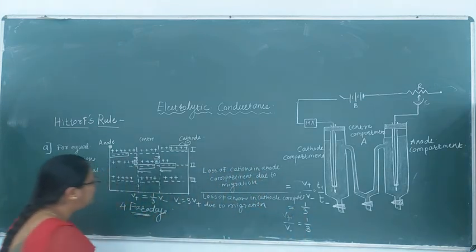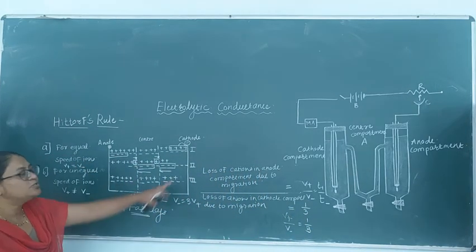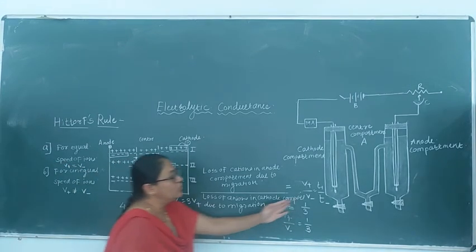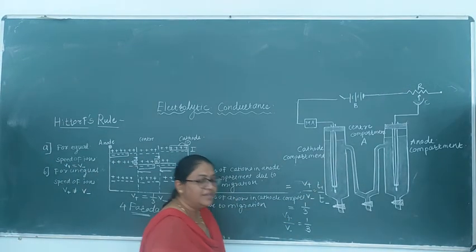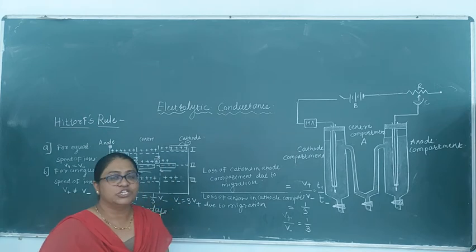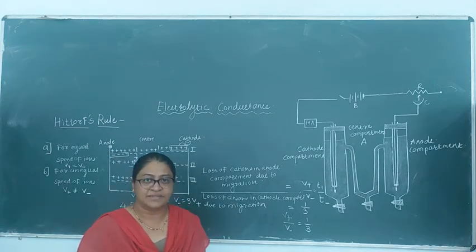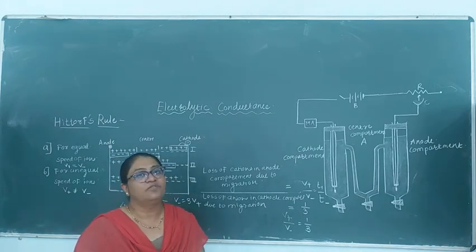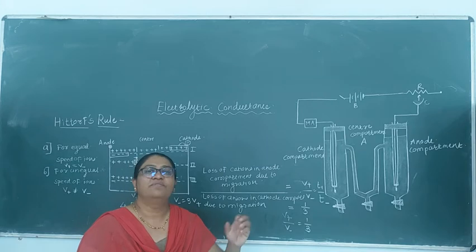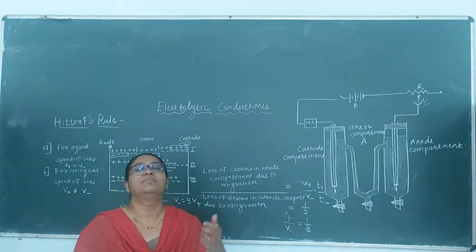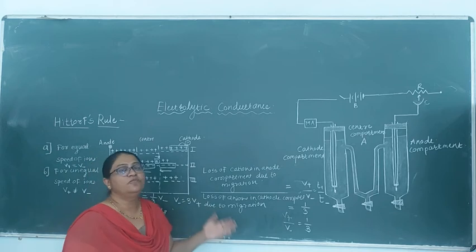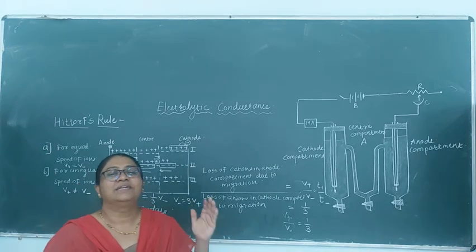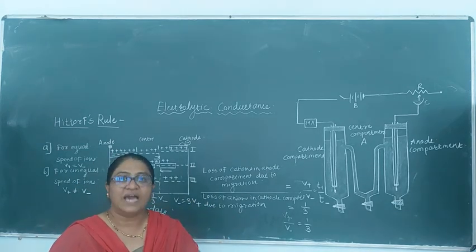And that we have seen here. Right? So this is the rule, and this is equal to T plus divided by T minus. So here the change in concentration in the compartments is related to their velocities, and on the velocities the transport numbers are dependent. So therefore from this rule we can calculate the transport numbers of the ions.